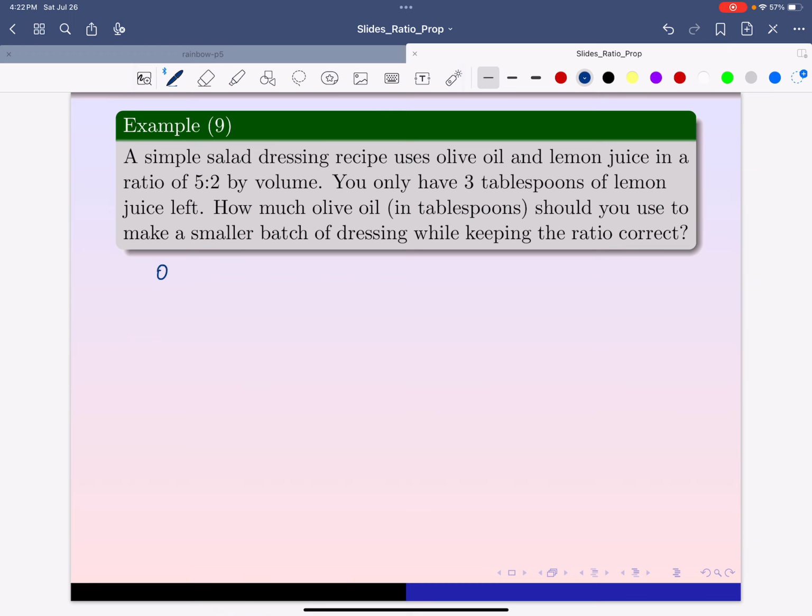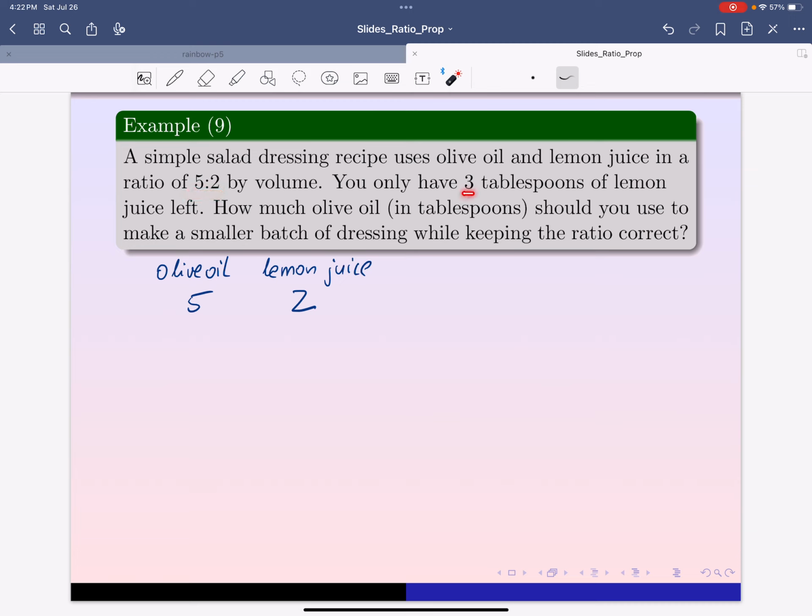On one side, we will have olive oil, and on the other side we will have lemon juice. So we have 5 olive oil, 2 lemon juice. That comes from the ratio.